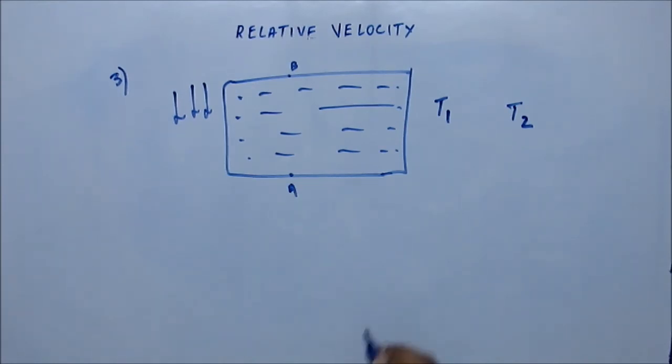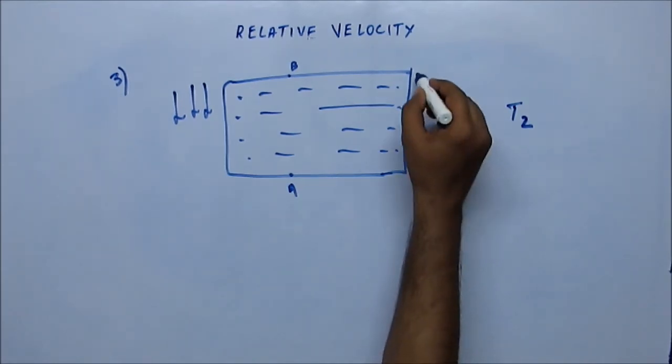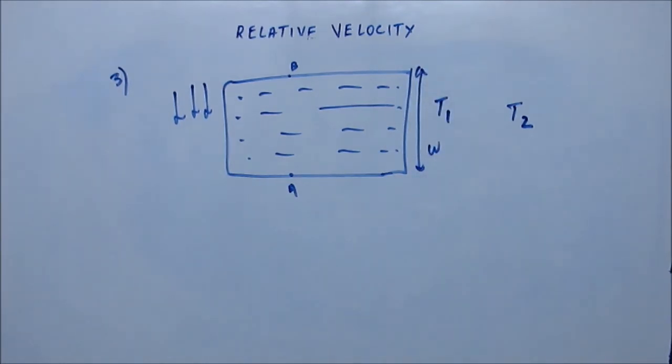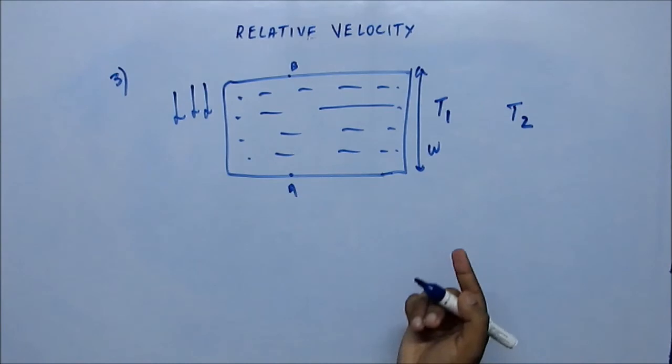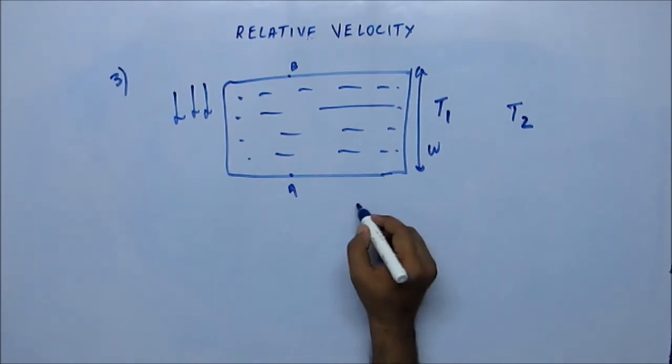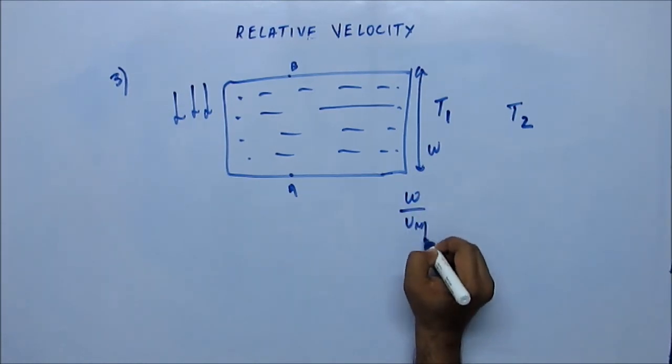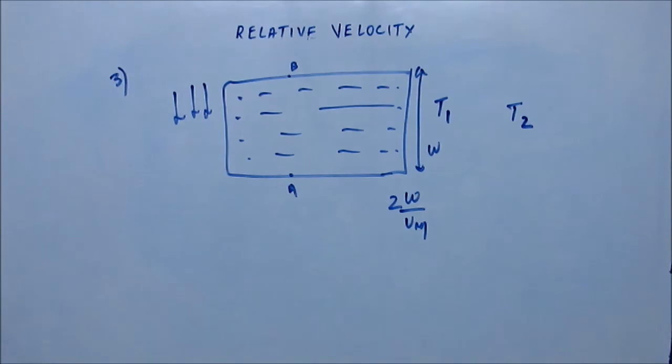Let's see. Suppose the width is W and your speed is Vm, the speed of the man. The time that you're going to take for the half of the journey is displacement upon velocity, W upon Vm, and for the full journey is 2W upon Vm. So this is going to be T1.